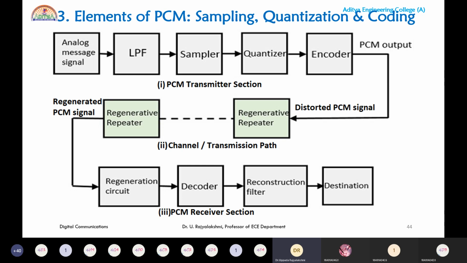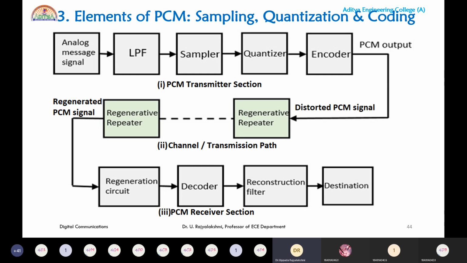Now at the receiver section, once again you need to recover our original component. How can we recover it? With the help of a decoder and a reconstruction filter. Always remember that the decoder functionality is opposite to that of the encoder, and the reconstruction filter is nothing but a low pass filter.